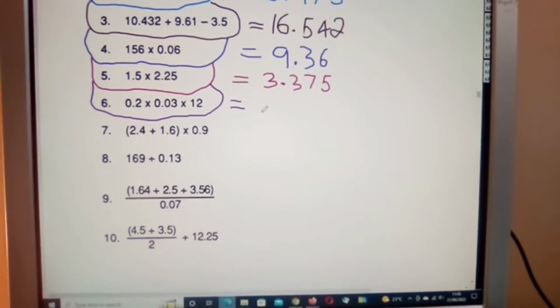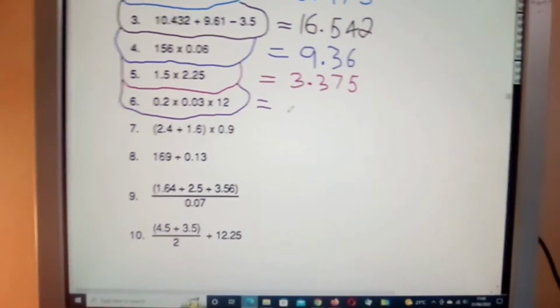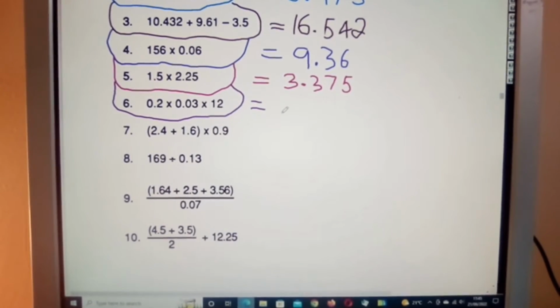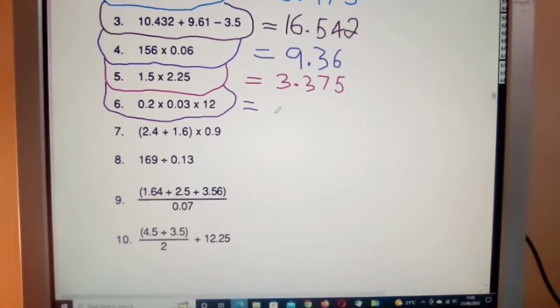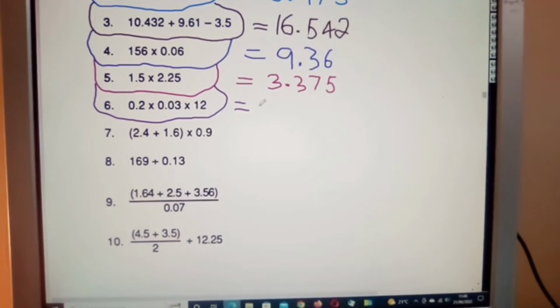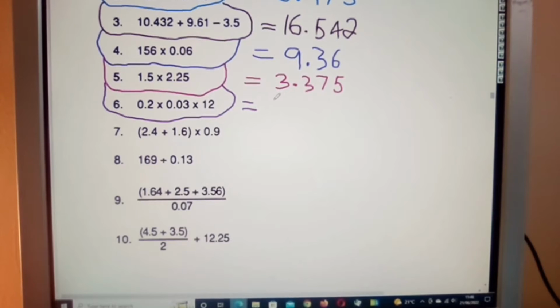Equals, and now we have 0.2 times by 0.03 times by 12 equals 0.72.